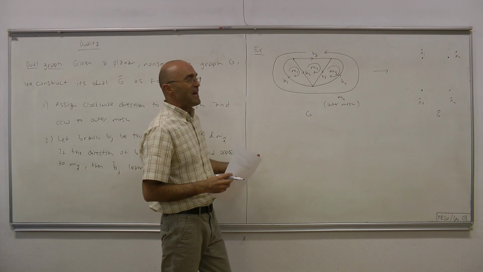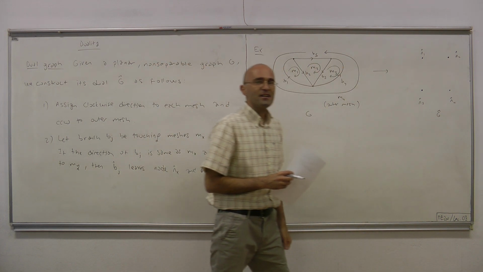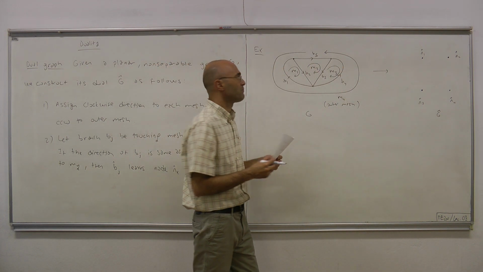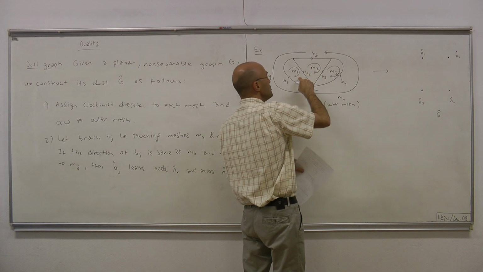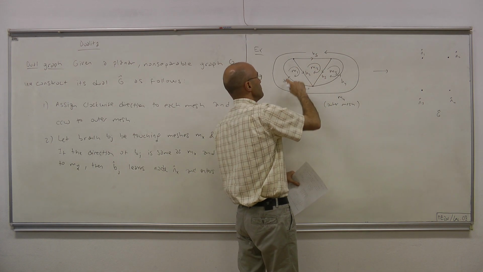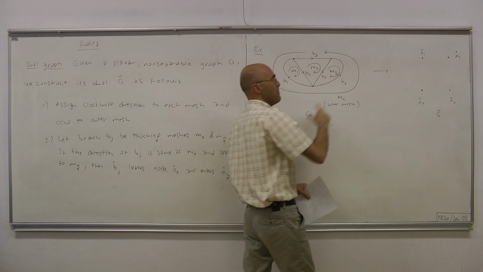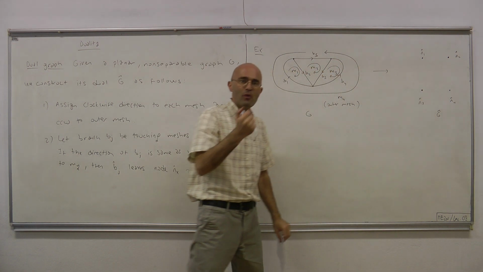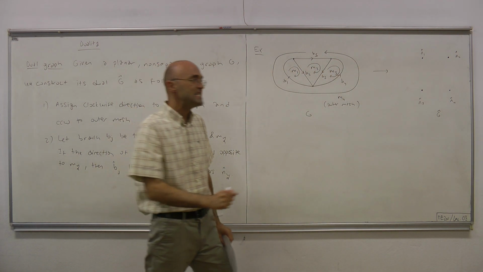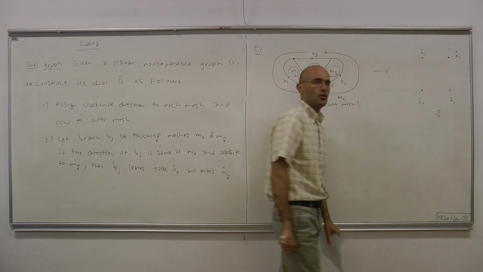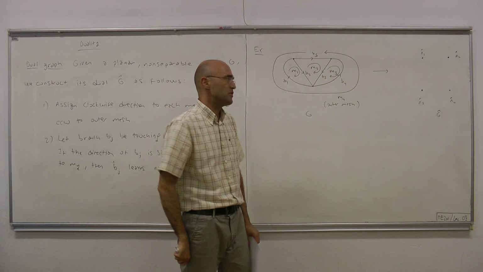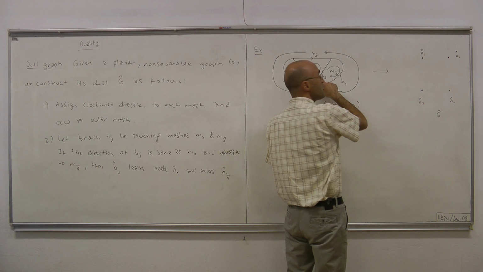Now, what remains to construct G hat is to figure out how the duals of these branches, B1, B2 up to B5, appear as B1 hat, B2 hat up to B5 hat in the dual graph G hat. Okay, for instance, what happens to B3 hat?